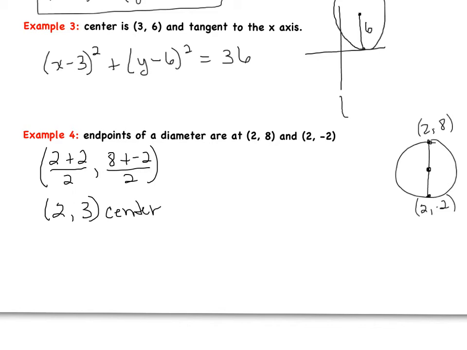Then, to find the radius, we can find this distance, r, from our midpoint to one of the points on the circle. Either one, remember, radius is the same no matter which direction we go.